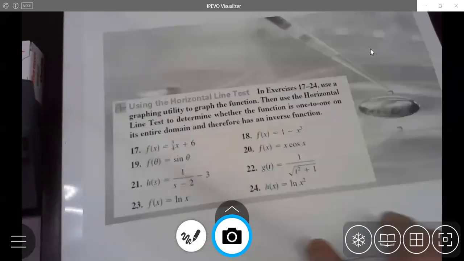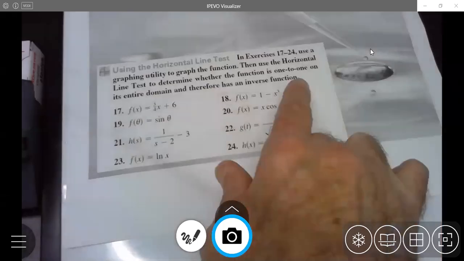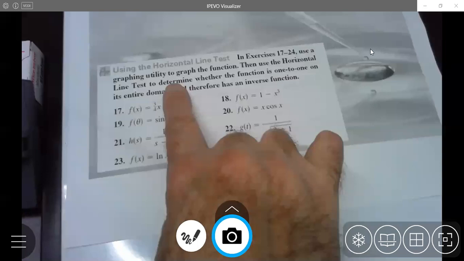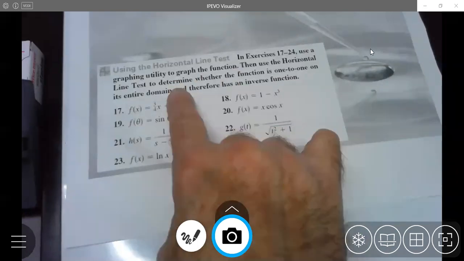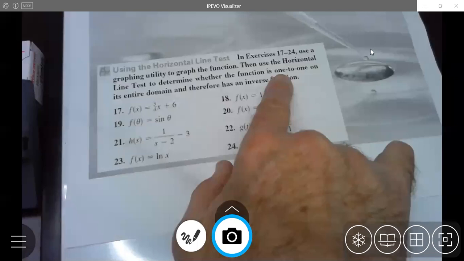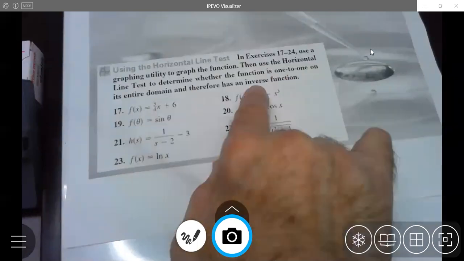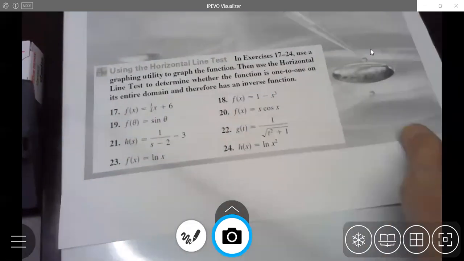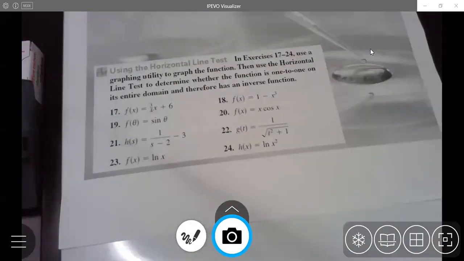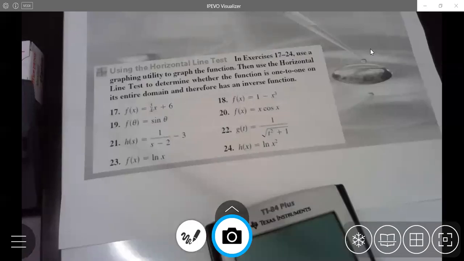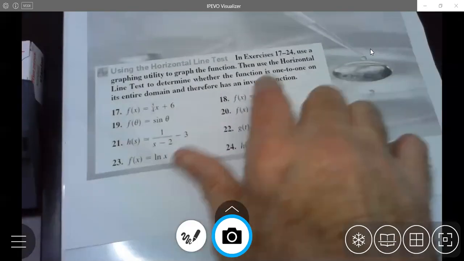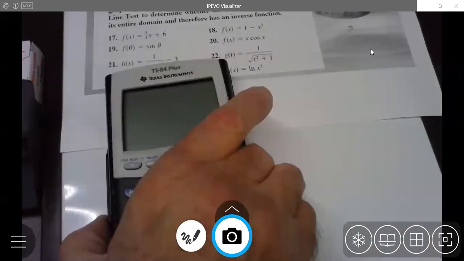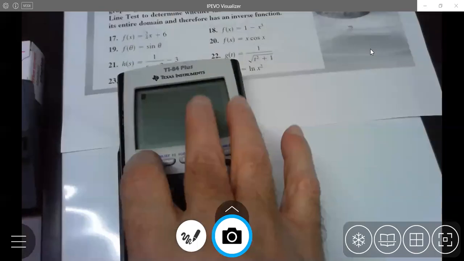Okay, so let's take a look at some problems here. In exercises 17 through 24, use a graphing utility to graph the function and use the horizontal line test to determine whether the function is 1 to 1 on the entire domain. We're going to look at problem number 18: 1 minus x cubed. So here's our calculator.